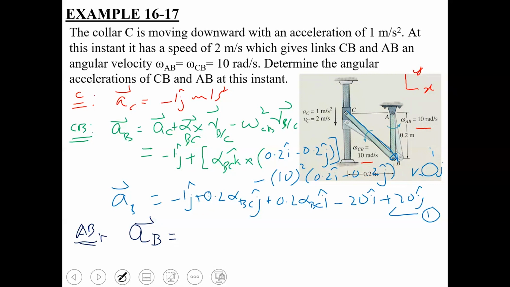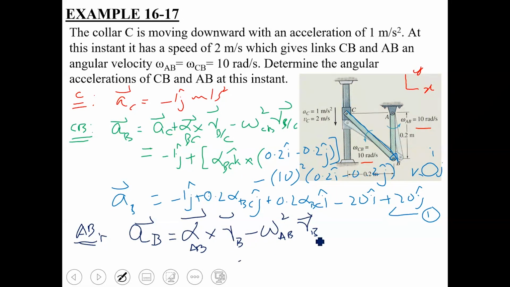Sir, alpha cross R minus omega square R. So it is alpha cross R minus omega square R, but here alpha is going to be alpha AB, R is going to be the absolute position vector RB, and omega is going to be the angular velocity of this link AB.